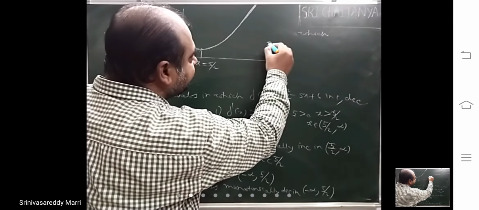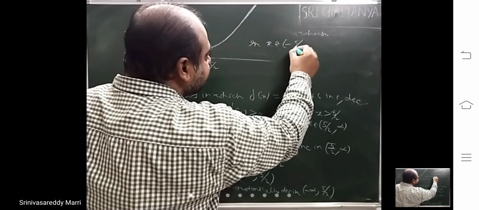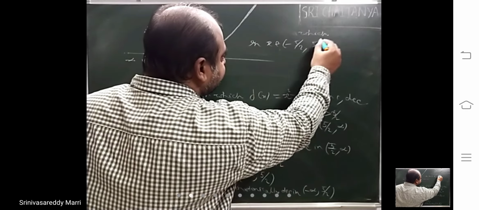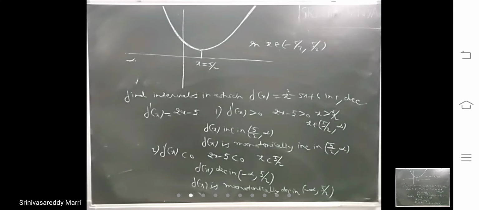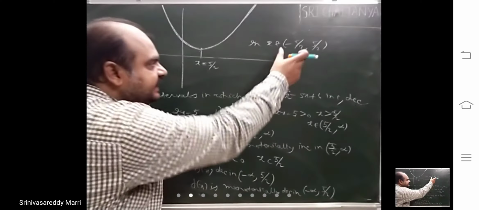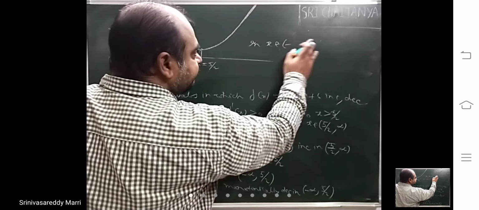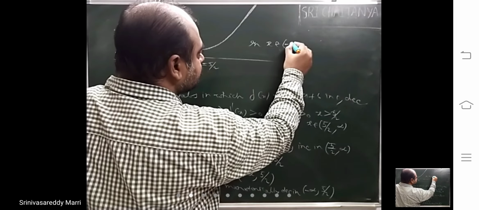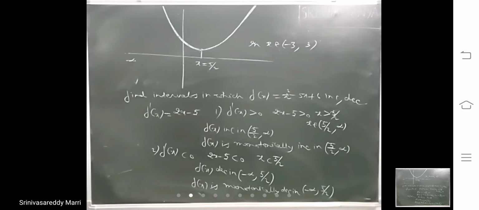Suppose if we ask like this, minus 3 comma 3. Is it increasing or decreasing? Wait. Minus 3 comma 3, he has asked like this.